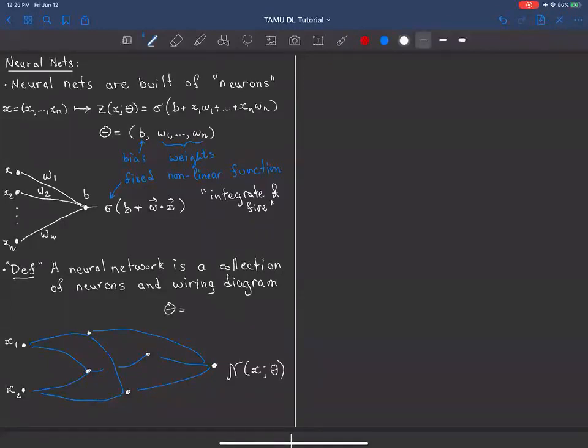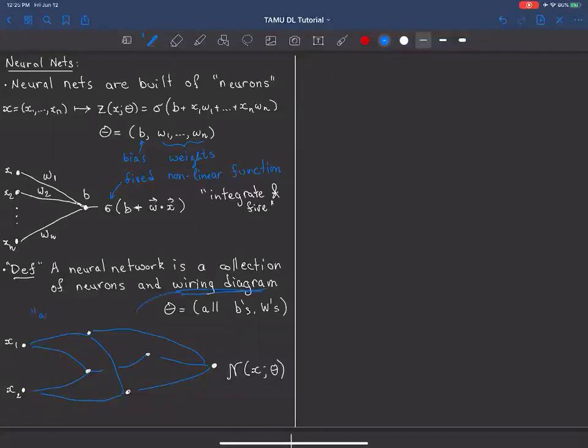And theta consists of the vector of all B's and W's. By all, I mean the weights and the bias of every neuron in the network. That's the full vector of trainable parameters. And then this wiring diagram that I refer to, the particular way in which I connect the neurons together, has a particular name.